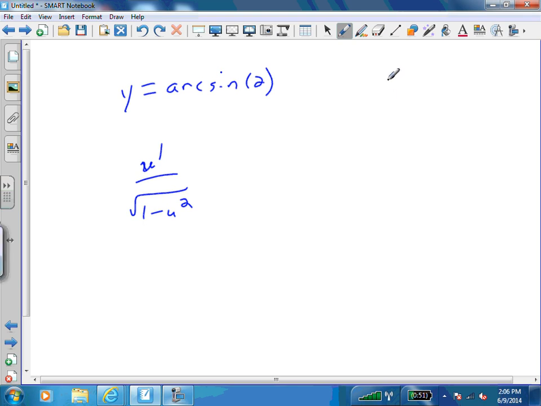Two ways of looking at it. You could say, well, u is 2, so u prime is 0, so that's 0 over the square root of 1 minus 2 squared. Isn't that undefined? Yeah. Another way, this number is not in the domain of arc sine. Remember, this is our ratio. What are the only values we can get for sine? -1 to 1. So if your function is undefined, then the derivative is undefined too.